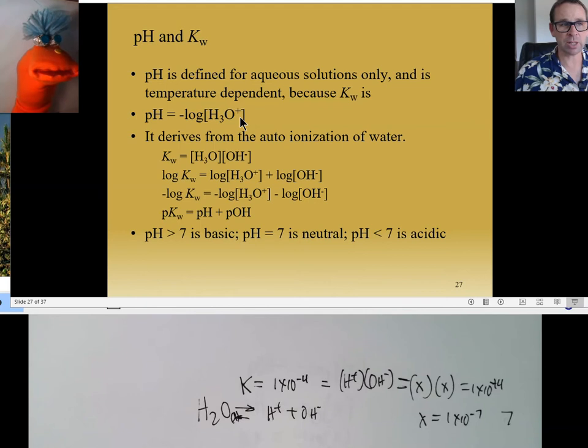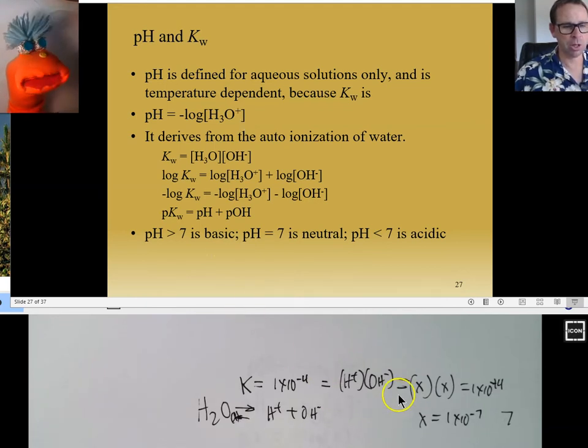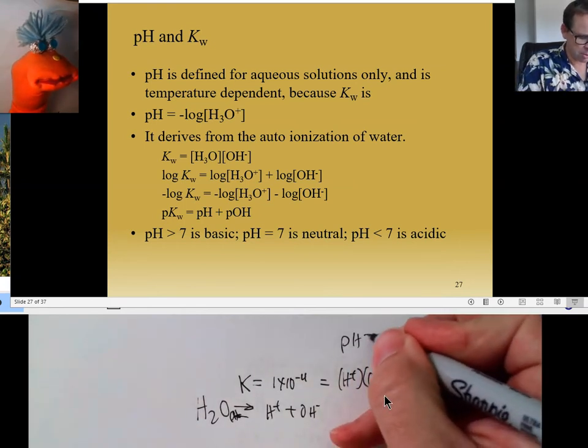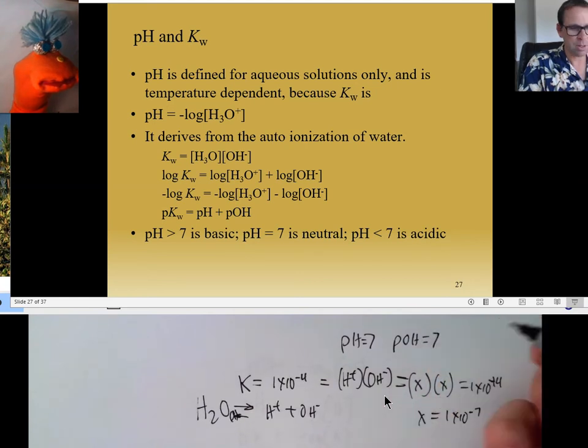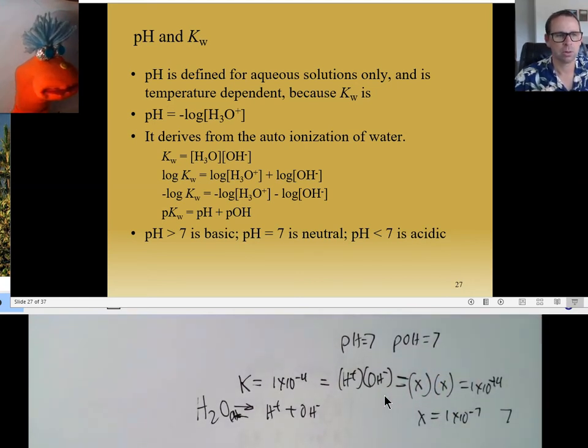And what is the pOH then? Well, you said that the hydrogen ion and the hydroxide ion were the same concentration in neutral water, right? That's right. So the pOH must be 7 as well. The pH of water is 7, and the pOH of water is 7 also.